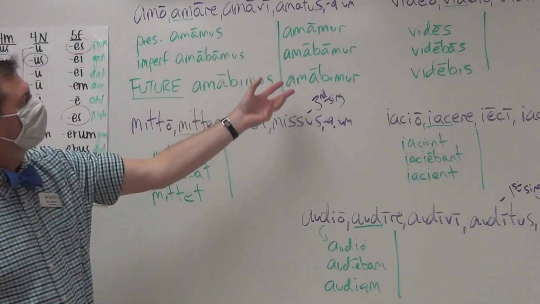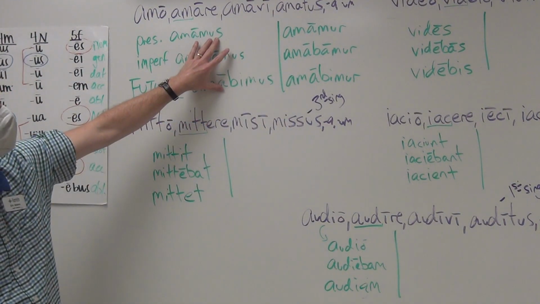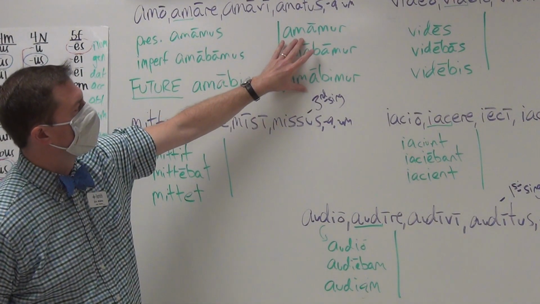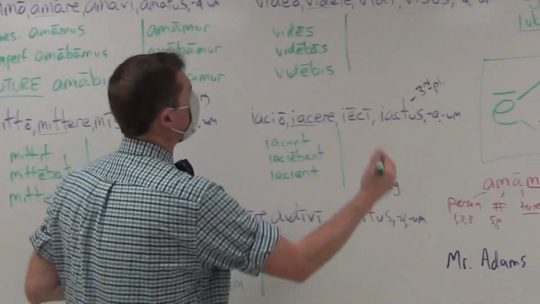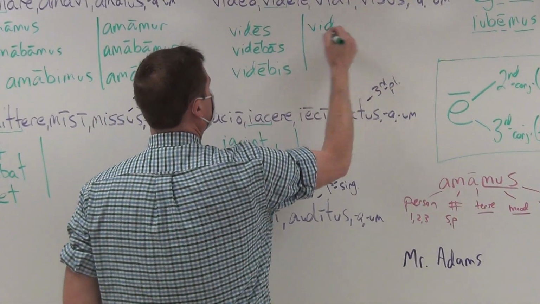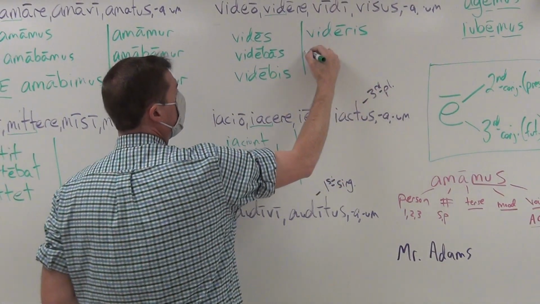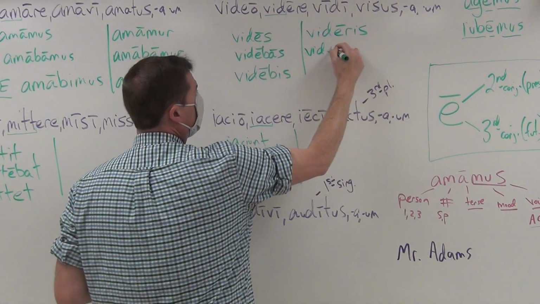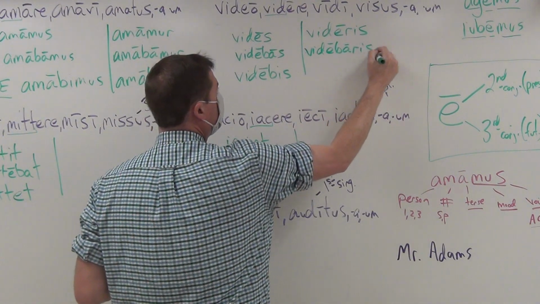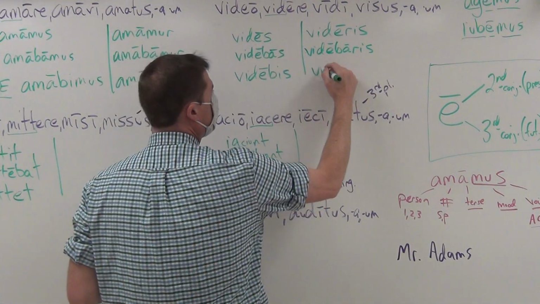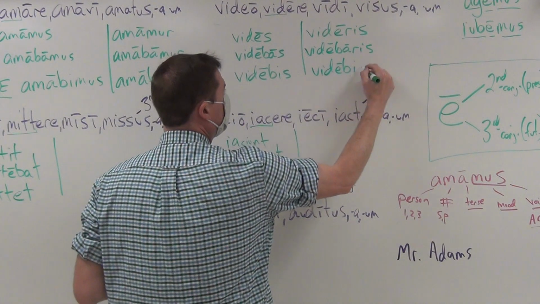And so you can see the only difference is instead of o, s, t, mus, tis, nt, you have r, ris, tur, mur, mini, ntur. Do the exact same thing over here, in which it would be same stem, same vowel, and then ris. Then same stem, EBA, and then ris instead of an S. Same stem, EBI, and then ris.